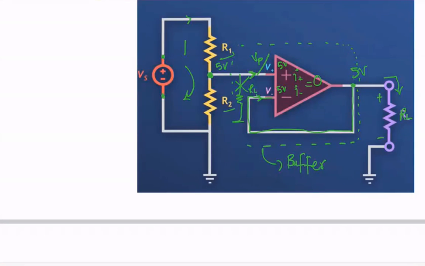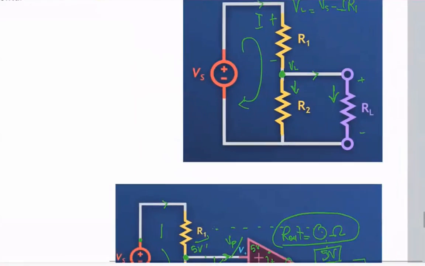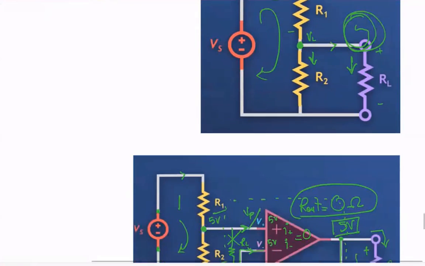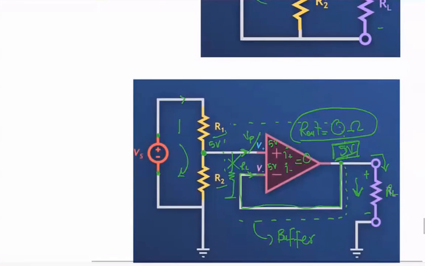And what is the output resistance of the ideal amplifier? 0 ohms. So this voltage is not going to decrease, regardless of how much current is drawn by this load, because the output impedance of the operational amplifier is 0. Whereas before it was messing up the voltage right here, now it's constant and it's driving as much current as it needs.